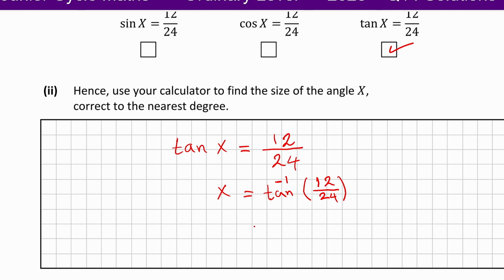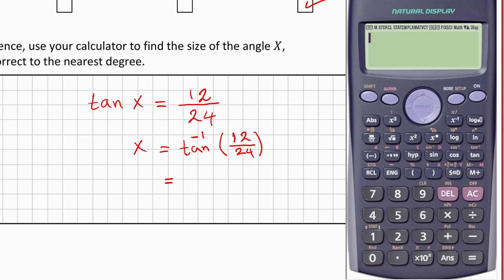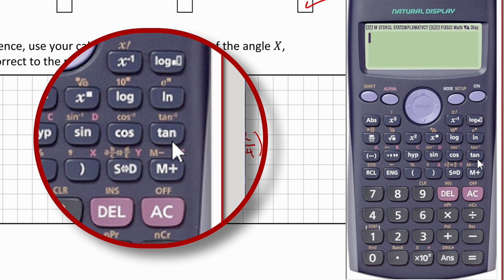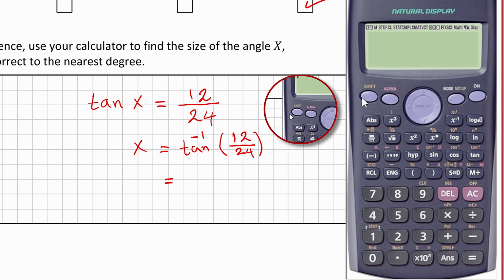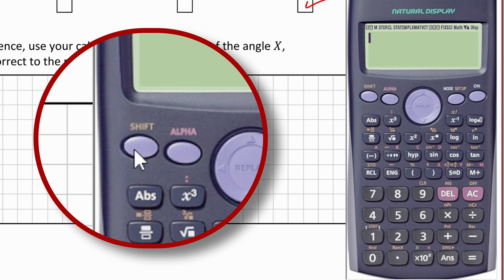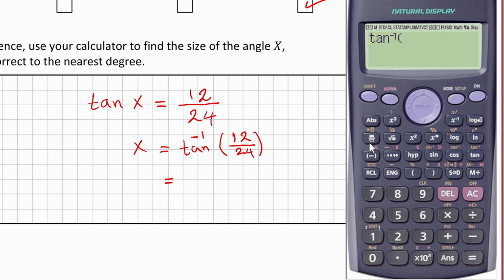Now we can use the calculator. Here is the tangent button. To get the inverse of the tangent, we use the shift button: shift tangent gives inverse tangent. Then we use the fraction button, 12 on the top, down arrow, 24, right arrow, and then the brackets.